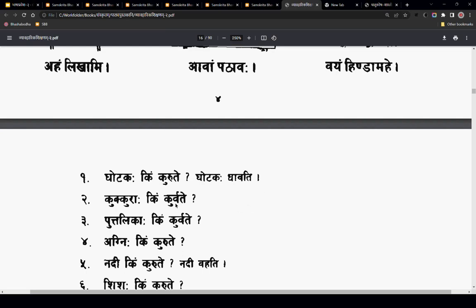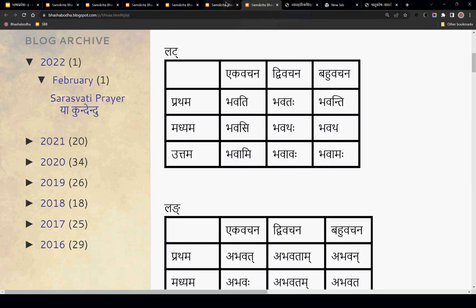Remember, these are all in lat lakar, vartamana kala, right? So kurute, is it atmanepade form or parasmaipadi? Atmanepadi. Yeah, atmanepadi form, because if you see here, kurute.